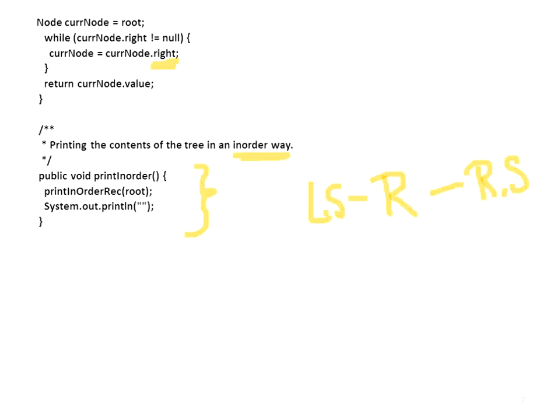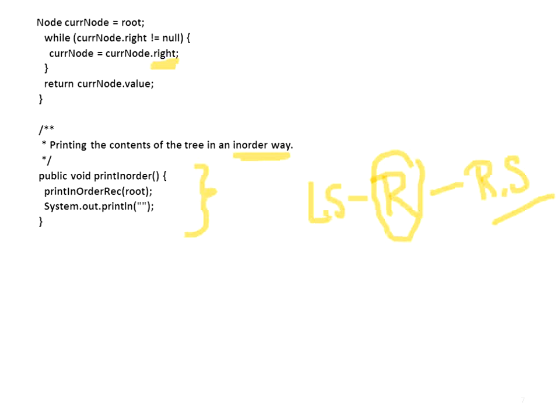So in this traversal, the left subtree of the given node is visited first. And then the value at the given node is printed, that means the root node is printed. And then the right subtree of the given node is visited. So this process is applied recursively on all the nodes in the tree, until either the left subtree is empty or the right subtree is empty.